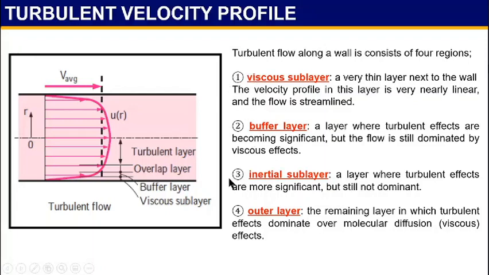The third layer, the inertial sublayer, is a layer where turbulent effects are more significant, but still not dominant. And the fourth layer, the outer layer, is the remaining layer in which turbulent effects dominate over molecular diffusion's viscous effects. So in the turbulent layer or outer layer, the turbulent effects dominate over the viscous effects. That's all for the turbulent velocity profile.